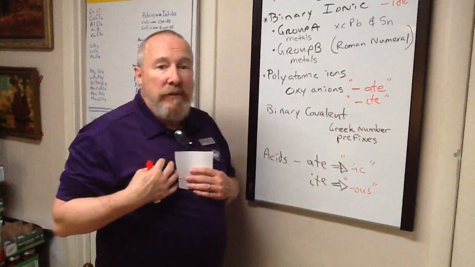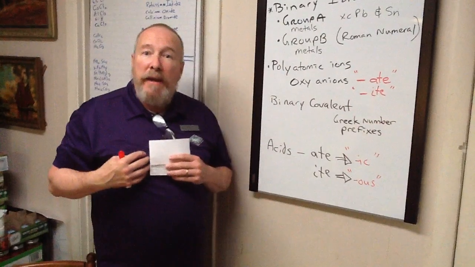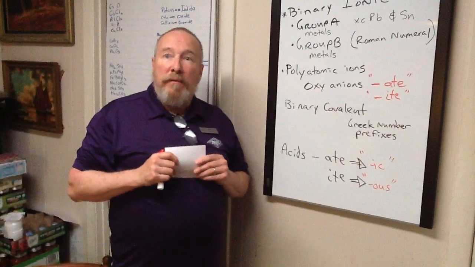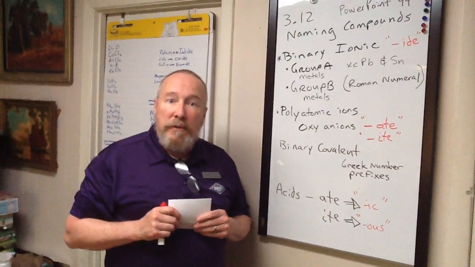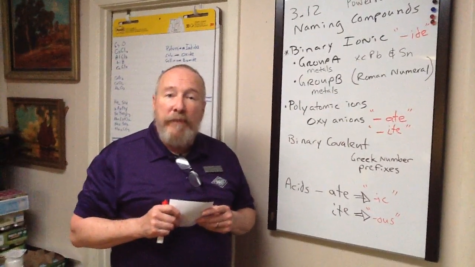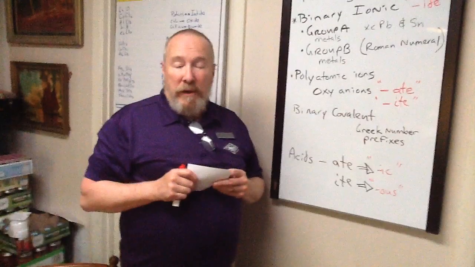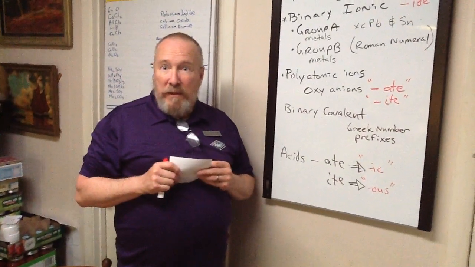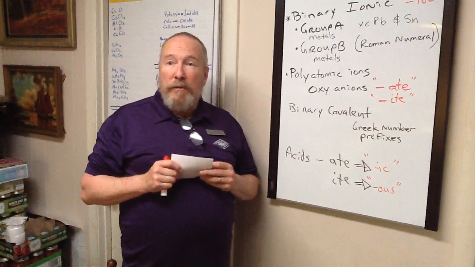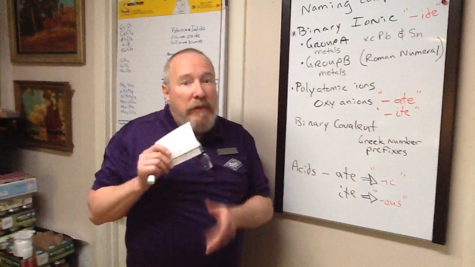In the old days, instead of iron 2 and iron 3, we would call them ferric and ferrous ions. The ferric was +3, the ferrous was +2, but you can't always do that.